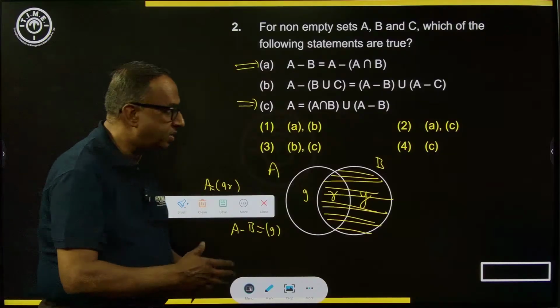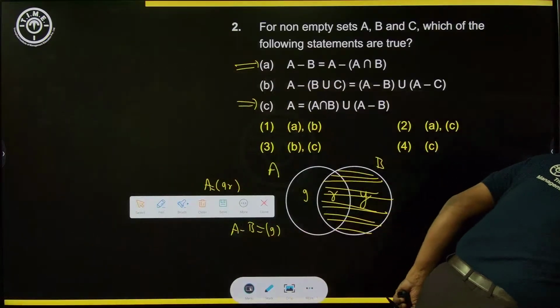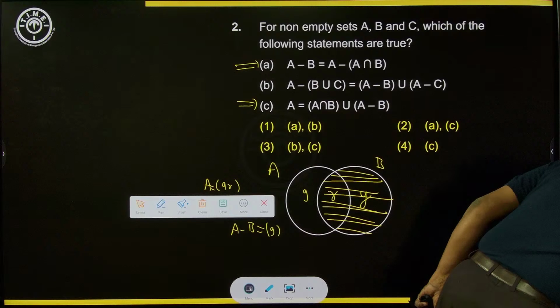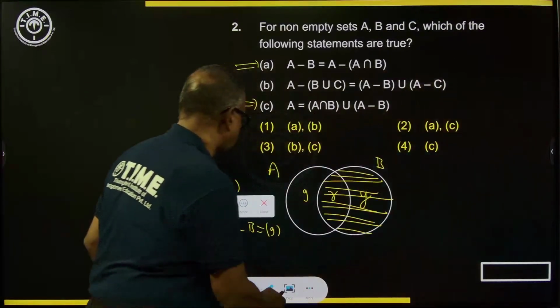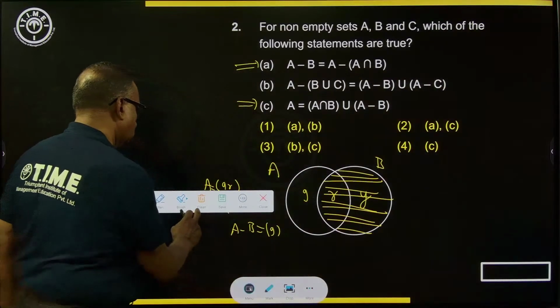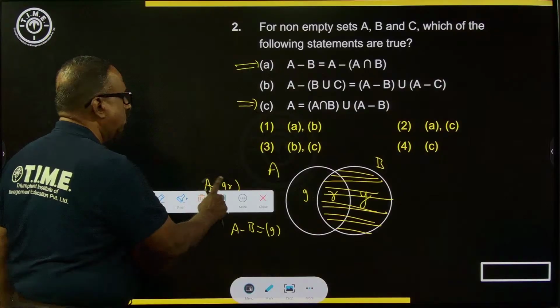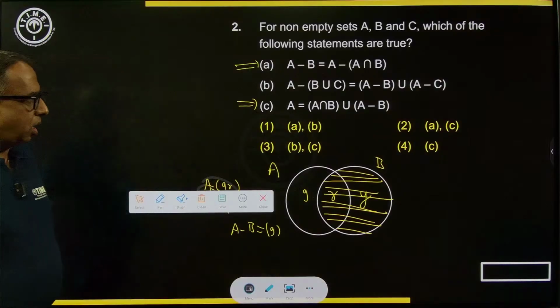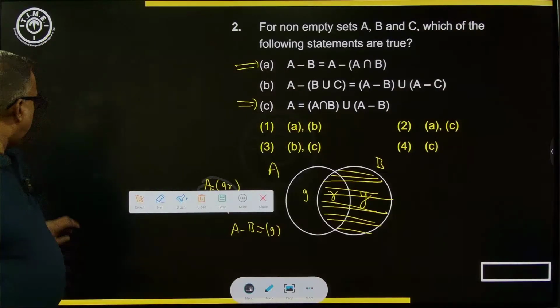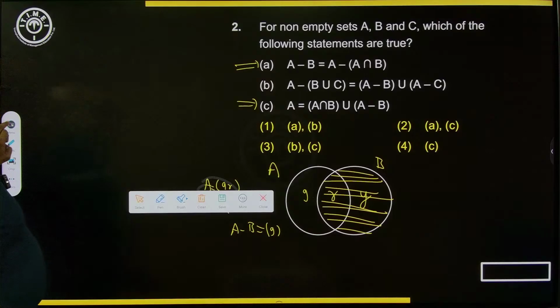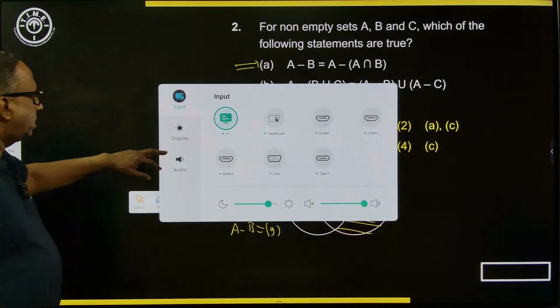One second. Let me just clean this and come. Correct. Let us go back and see what is there. You can display.